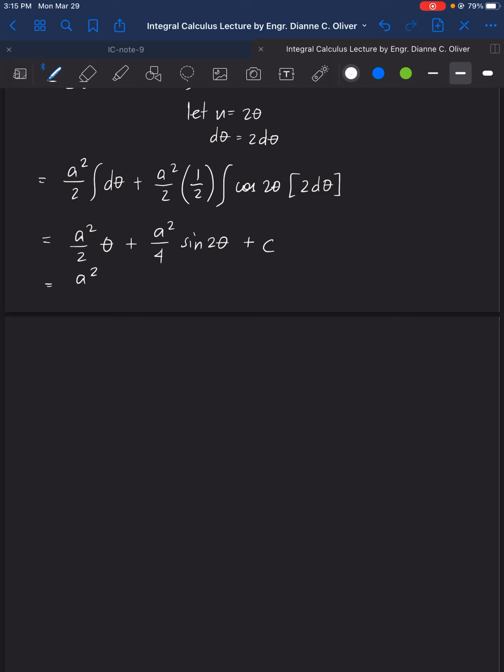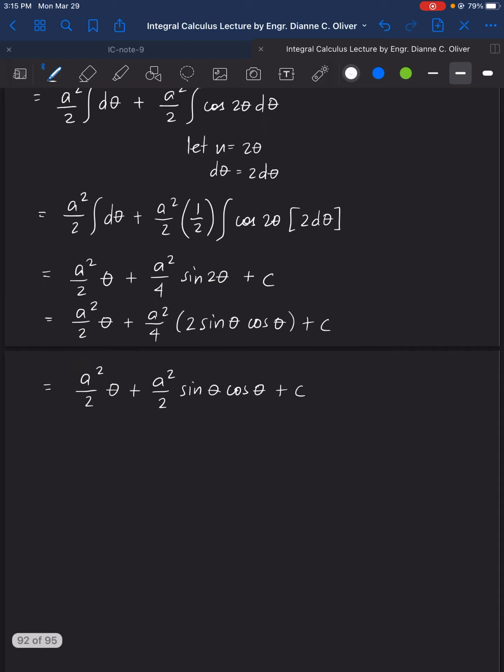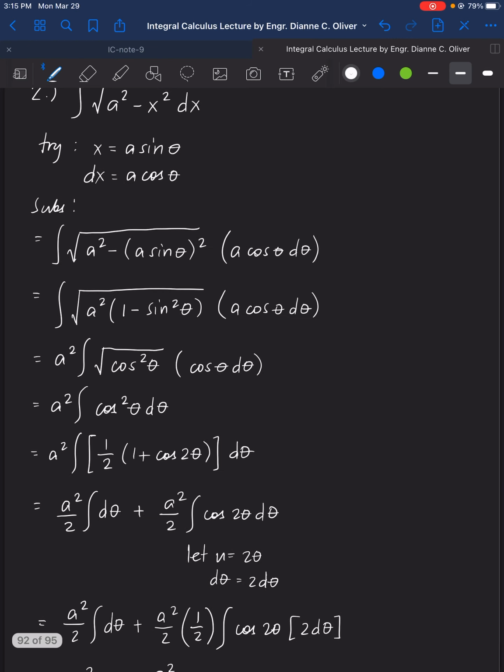So we have here a squared over 2 theta plus a squared over 4, sine 2 theta is actually 2 sine theta cosine theta, plus c. So that is equal to a squared over 2 theta plus a squared over 2 sine theta cosine theta plus c. Finally, we are going to be consistent here, sine theta and cosine theta.